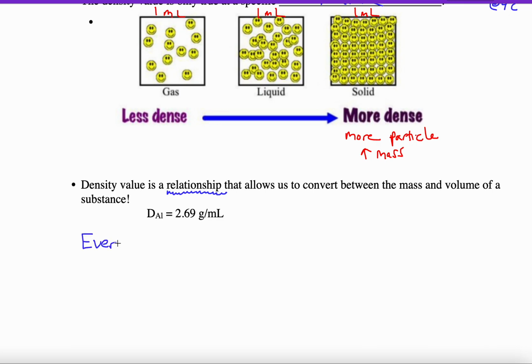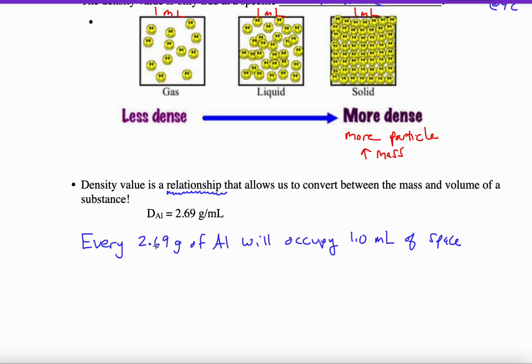Every 2.69 grams of aluminum will occupy 1.0 milliliters of space.